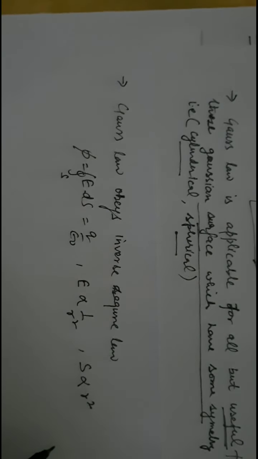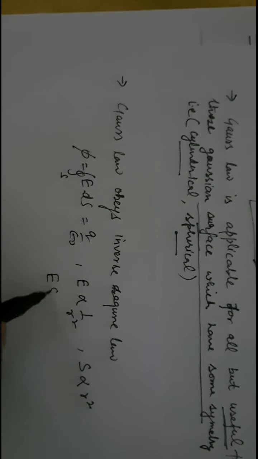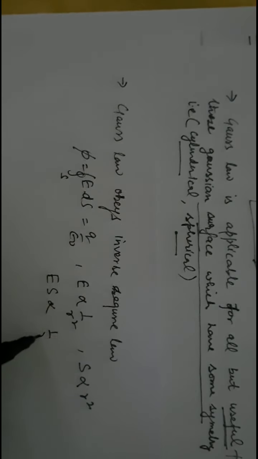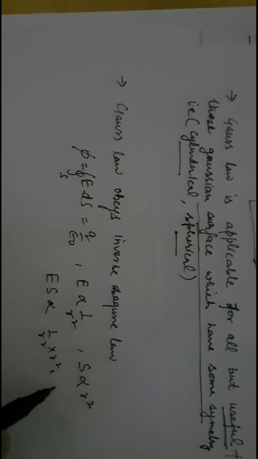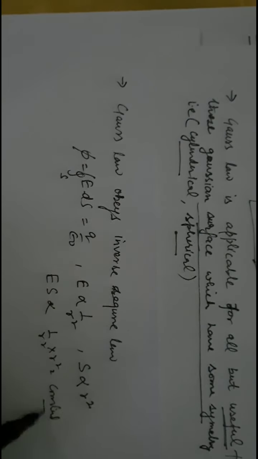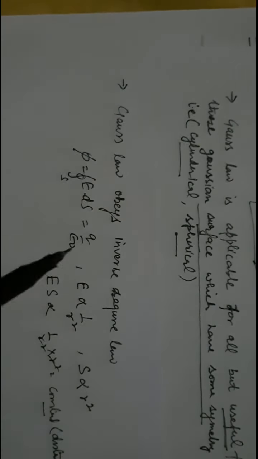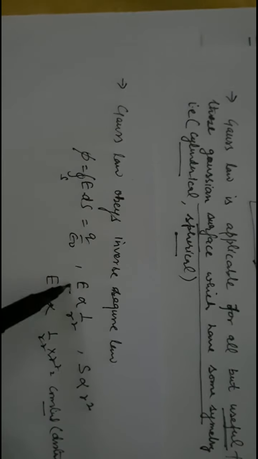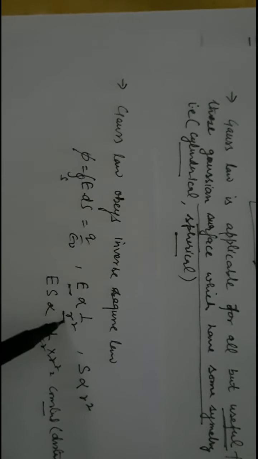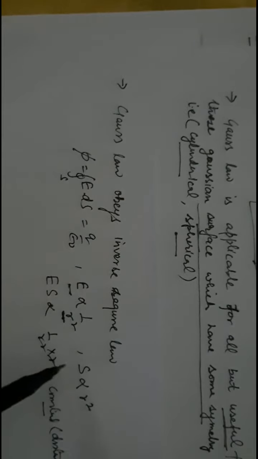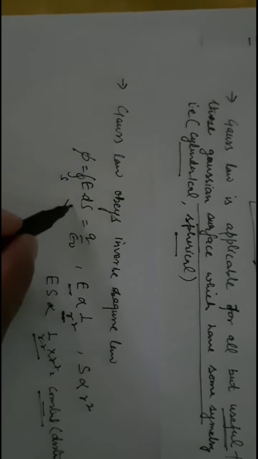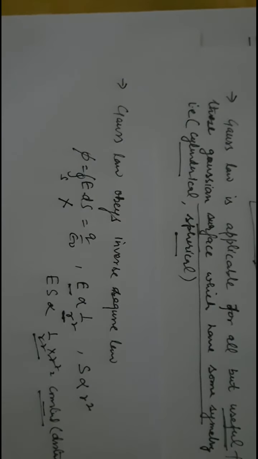So when you multiply E and S, 1 by R square and R square give a constant in terms of distance. If E is not inversely proportional to R square, then this will not be constant, and Gauss theorem will not be valid or useful.